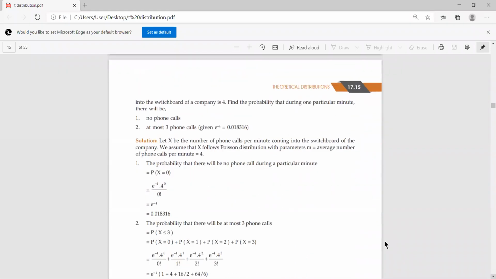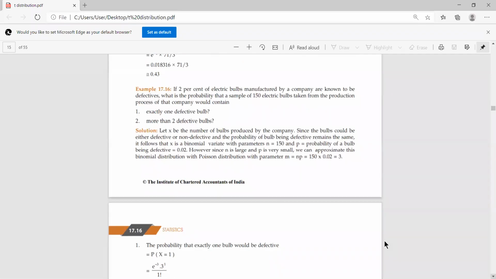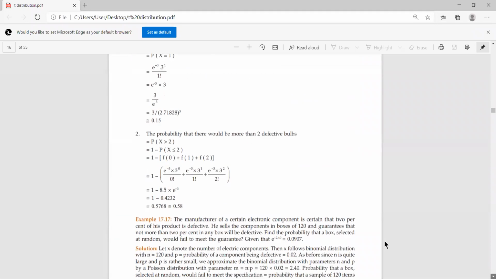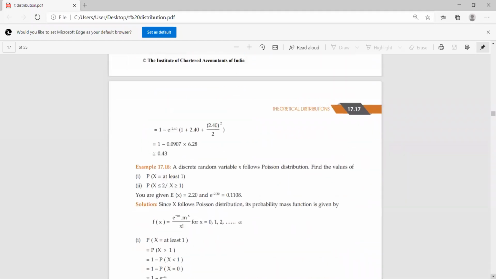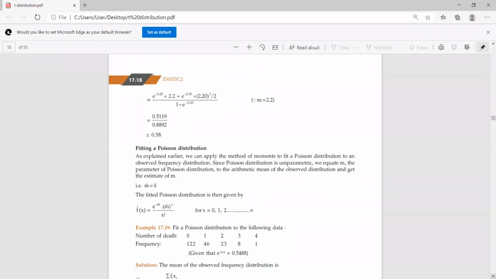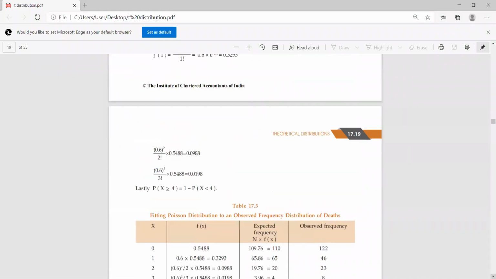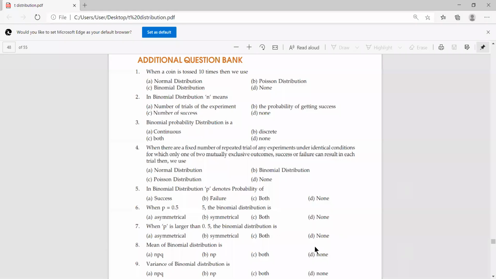Example number 1.5, telephone calls, we have done this. Example 1.6, defective and non-defective, is already covered, only the values are changed. Then comes 1.7, you will try it by yourself. Then 1.8, and 17.18 is fitting a Poisson distribution. Then starts normal.